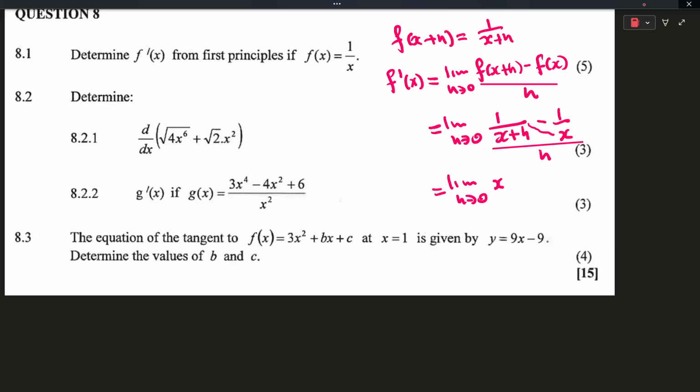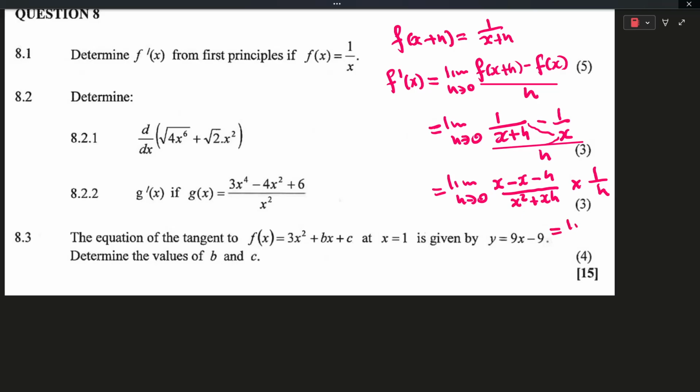Now x plus h times minus 1 will be minus x minus h, over x times x, which is x squared plus xh. When we multiply by 1 over h, this is at the denominator.